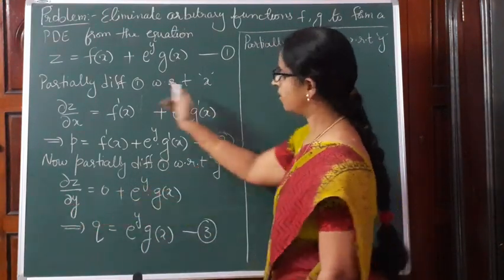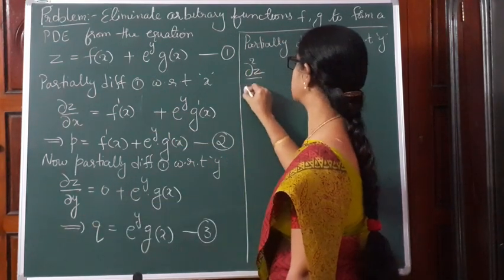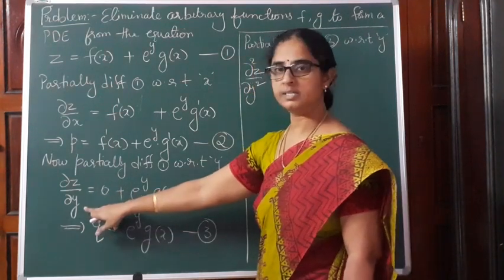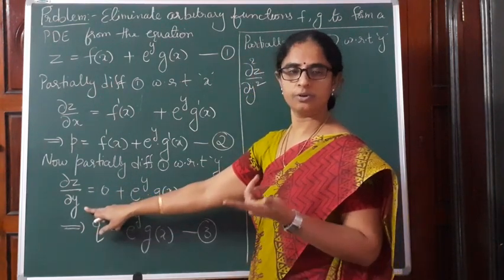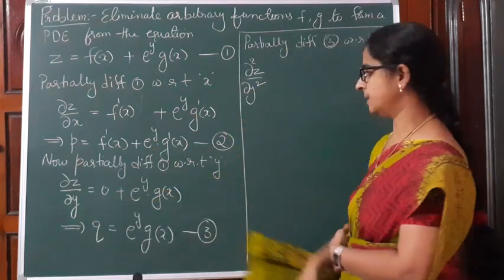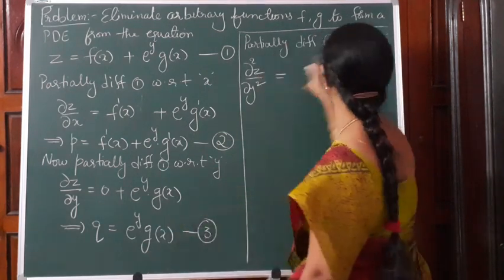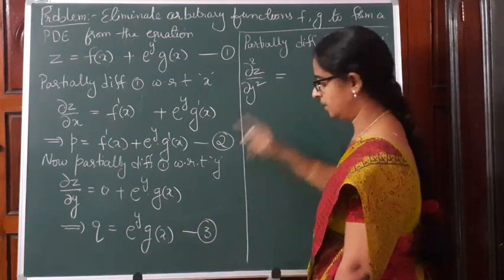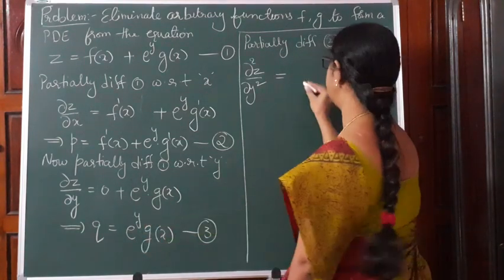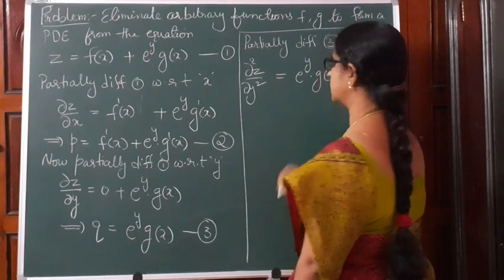Dou by dou y of dou z by dou y is dou square z by dou y square. Now we are differentiating dou z by dou y with respect to y again. So dou square z by dou y square is equal to g of x is constant because we are differentiating with respect to y, so we only have e power y here. The derivative of e power y is e power y. Hence we get e power y into g of x.